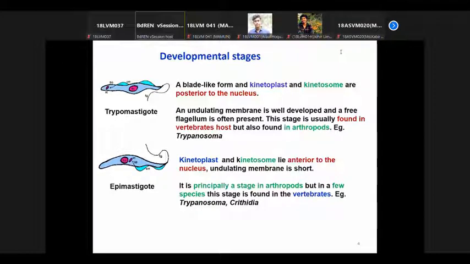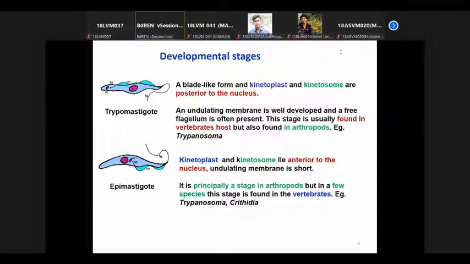The undulating membrane is short. In trypomastigote, the undulating membrane is well developed. So these are the basic features and differences between trypomastigote and epimastigote.